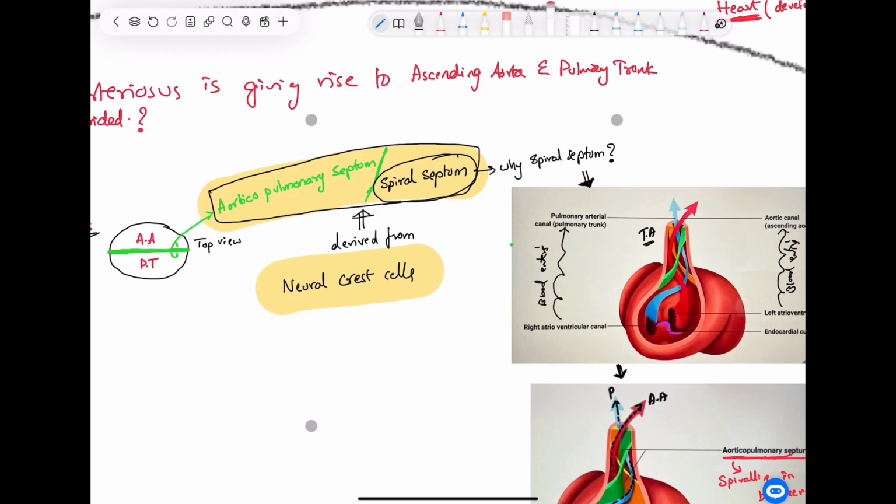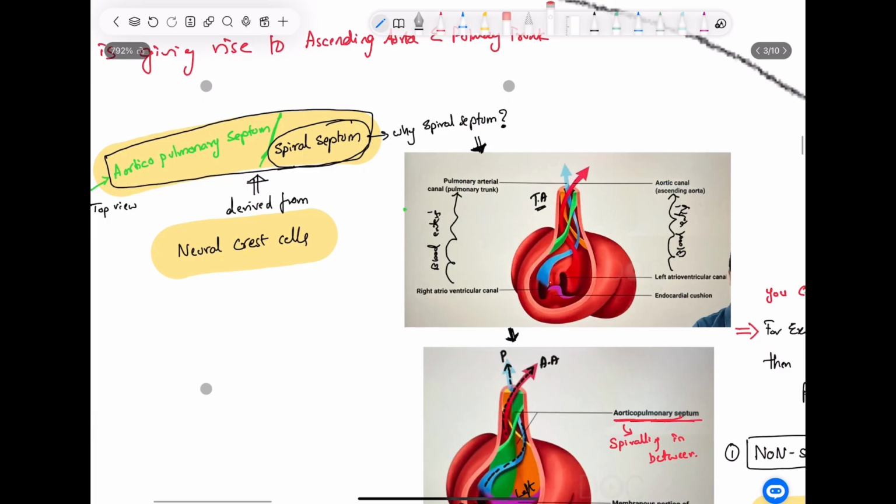These neural crest cells migrate to the truncus arteriosus and bulbus cordis to form the ridges. These ridges spiral around each other and fuse in the midline to form the spiral septum.